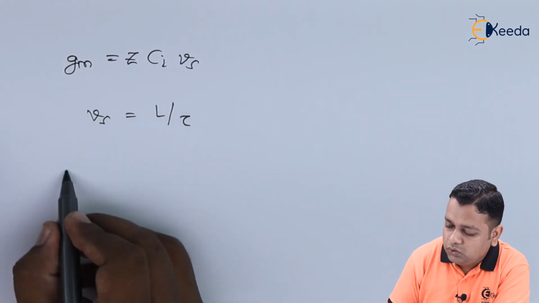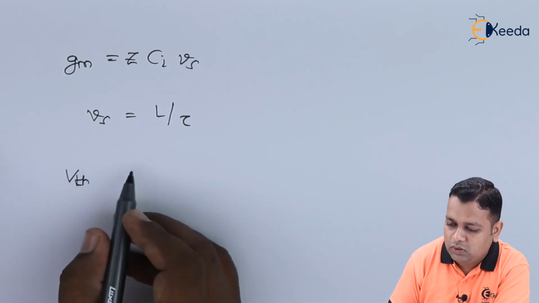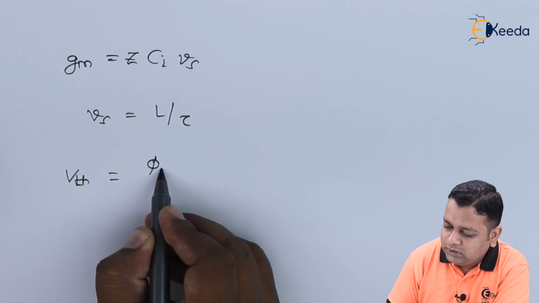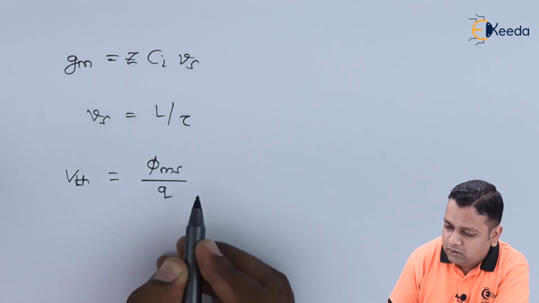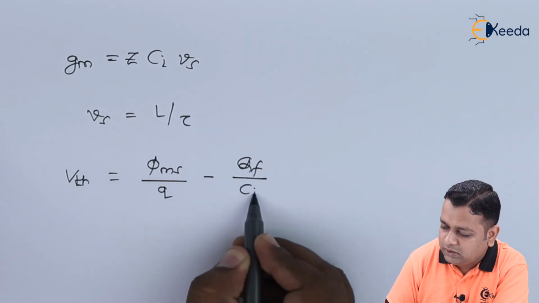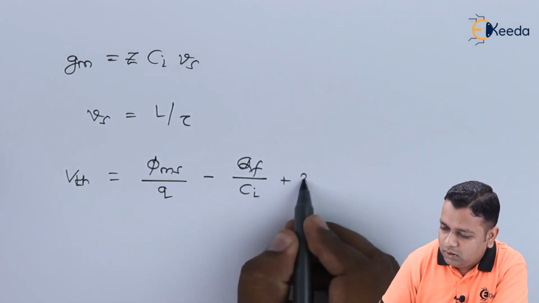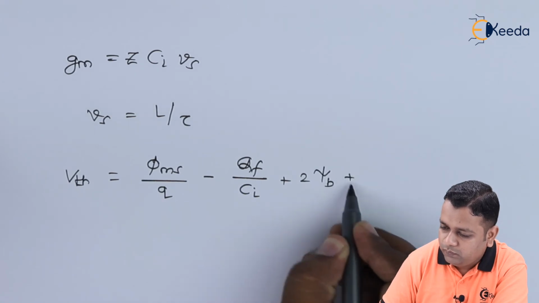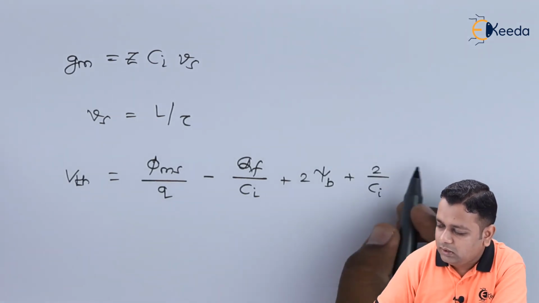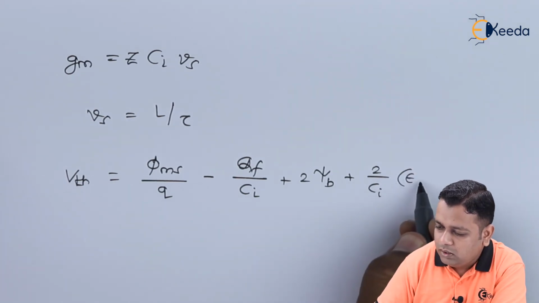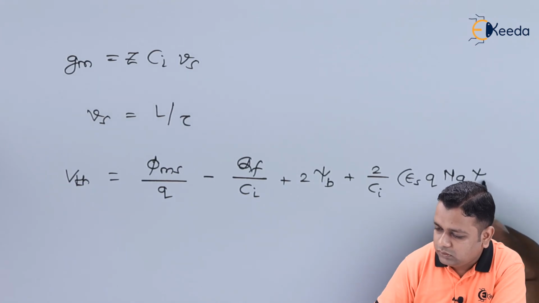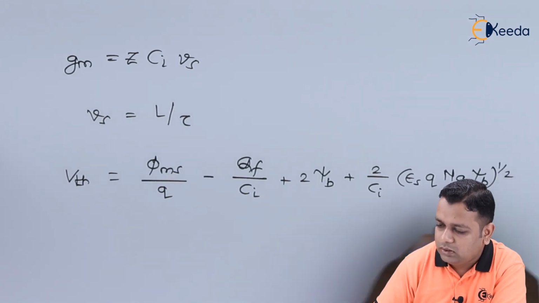Whereas the threshold voltage Vth, on the other hand, is given by the expression phi suffix ms divided by q, minus Q suffix f divided by C suffix I, added with twice of psi suffix b, added with twice of 1 divided by C suffix I in multiplication to epsilon suffix s into q into Na into psi suffix b, that is under the square root.